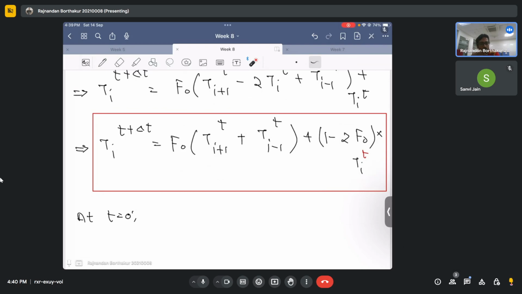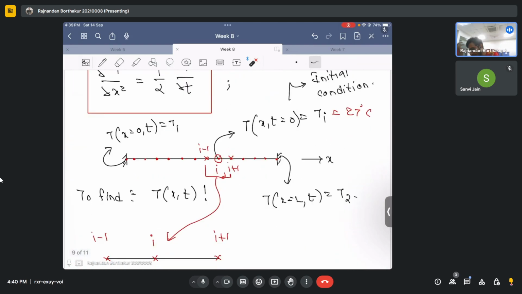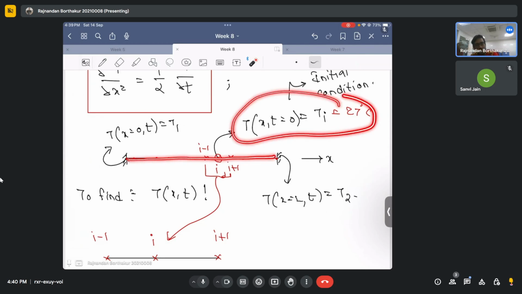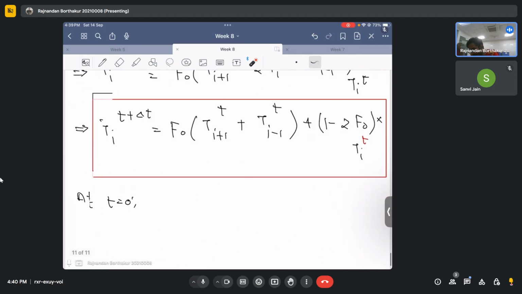How is it known? It is known from the initial condition, right? We saw that repeatedly: because I know that at time t equal to 0, the entire rod is at 27 degrees Celsius.